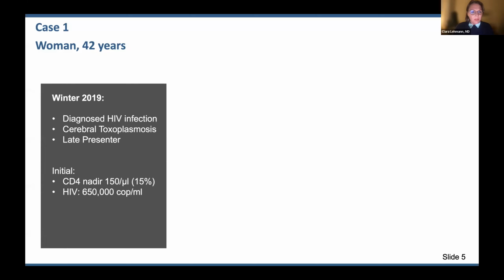She was diagnosed with an HIV infection in the winter of 2019, was a late presenter with cerebral toxoplasmosis, very low CD4 T cell counts of 150 and 15%, and quite high viral load.